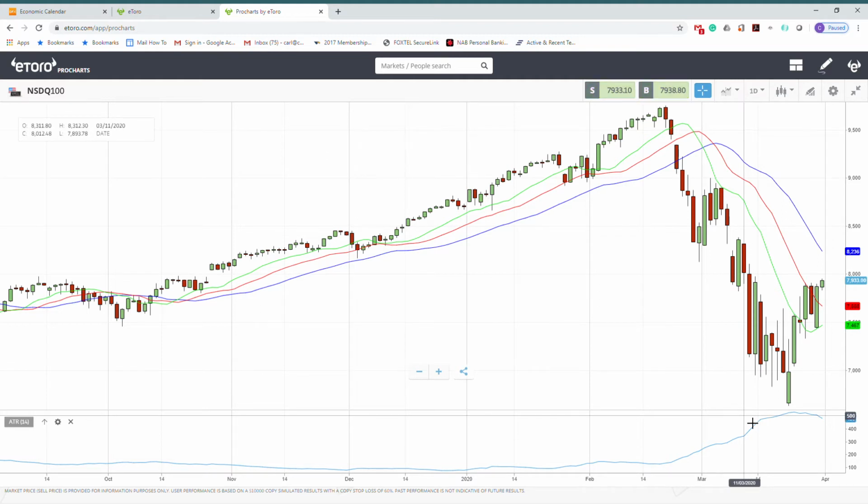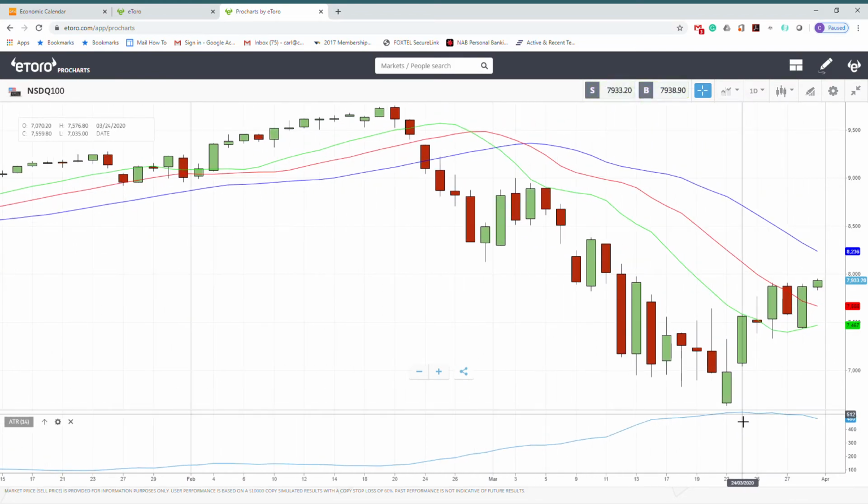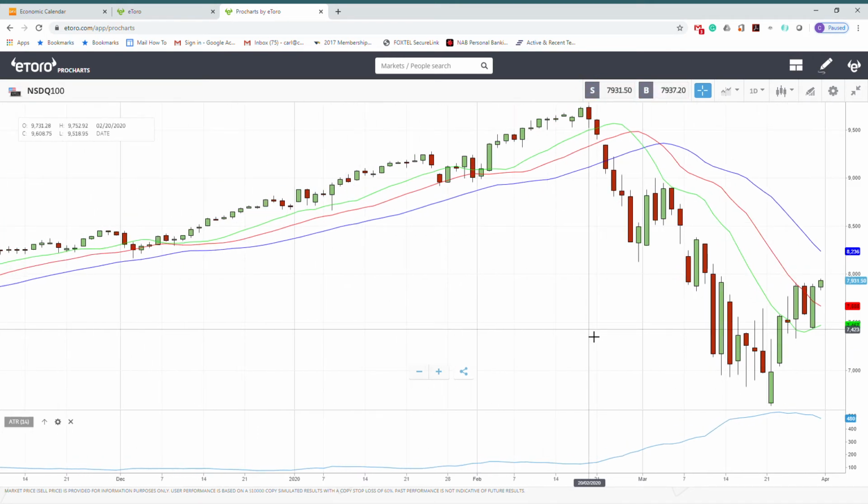Scalpers love the volatile market because they want to open a trade, and just after a few moments or hours they will decide if they hit their profit aim, or it may hit their stop losses, whatever. But they like this type of markets, volatile markets.